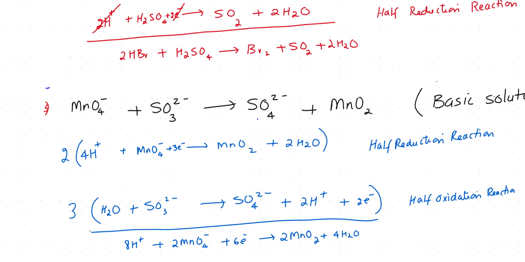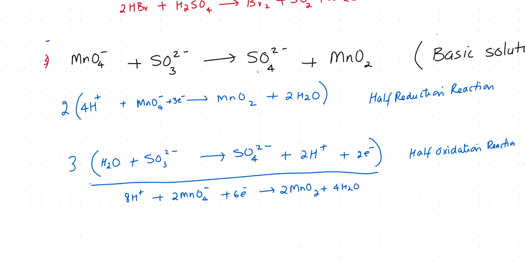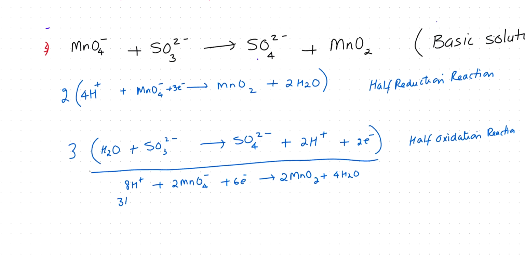And the equation below we multiply by 3. So 3 water molecules plus 3 sulfite.